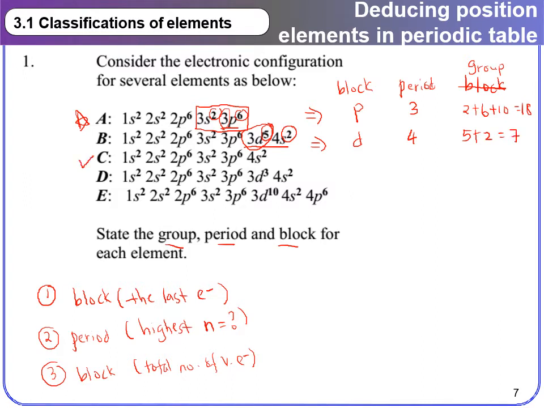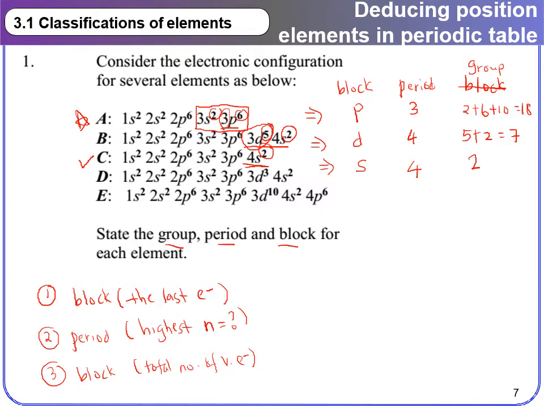Next, element C. The last electron is filled into 4s, so the block is s block, and 4 is the highest energy level, so period 4. The number of electrons in the s orbital is 2, so element C is in group 2.